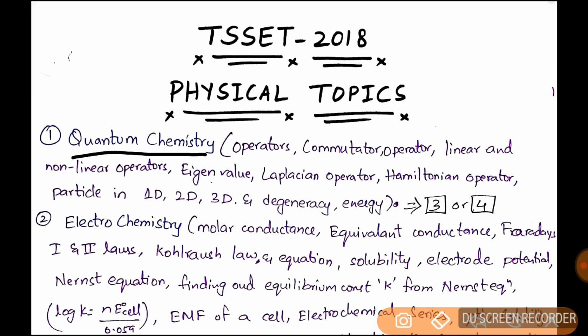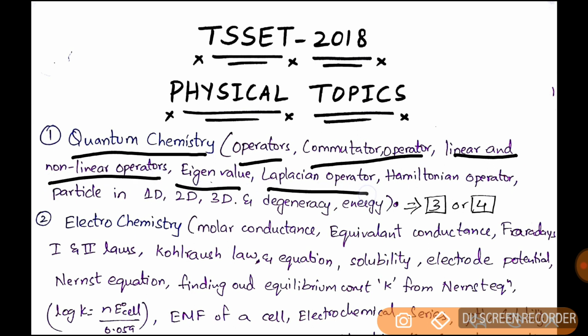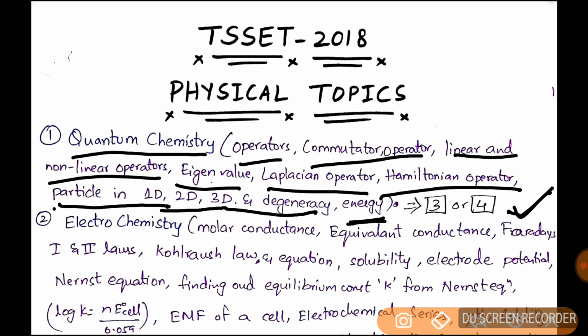In quantum chemistry, the major areas are operators, commutator operator, linear and non-linear operators, eigenvalue, Laplacian operator, Hamiltonian operator. And this is important, guys. You can expect a definite question from particle in 1-dimensional, 2-dimensional, 3-dimensional box, degeneracy, and also calculation of energy. So 3 to 4 questions will be from quantum chemistry, guys.